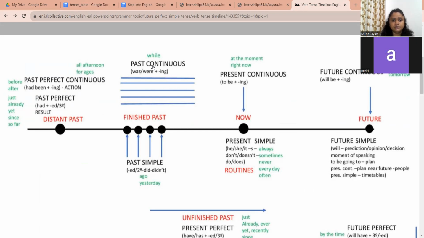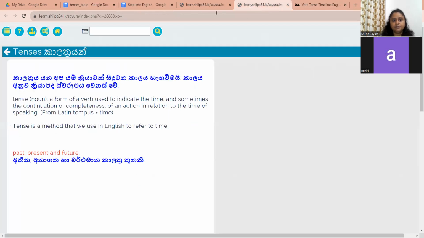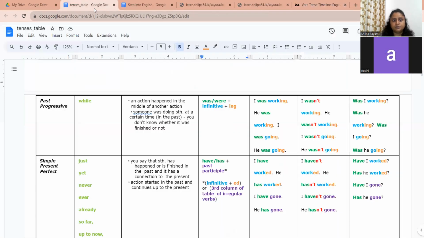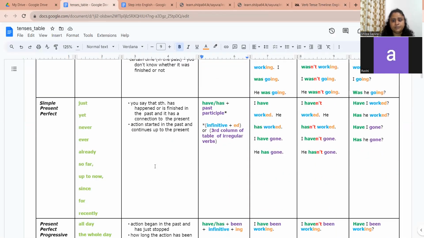Past continuous is somewhere here. That means an action which was happening in the past. So let's see some similar examples for that too, using the same verbs.